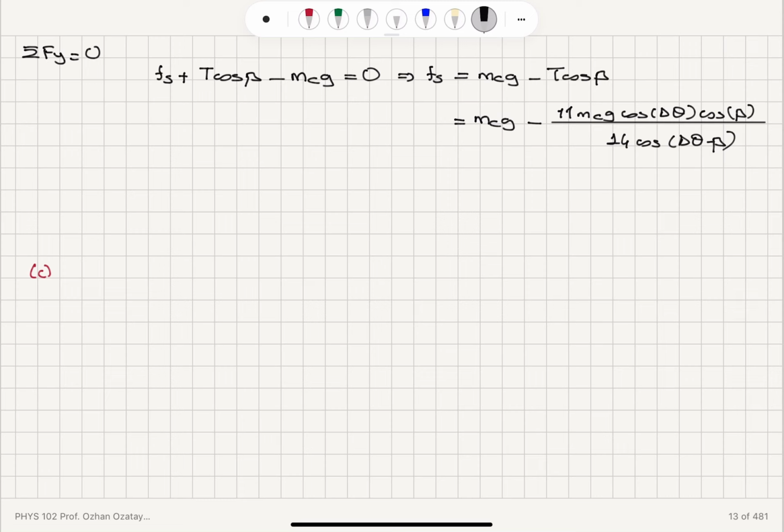So this gives me my final answer if I write this with common denominator for static friction.